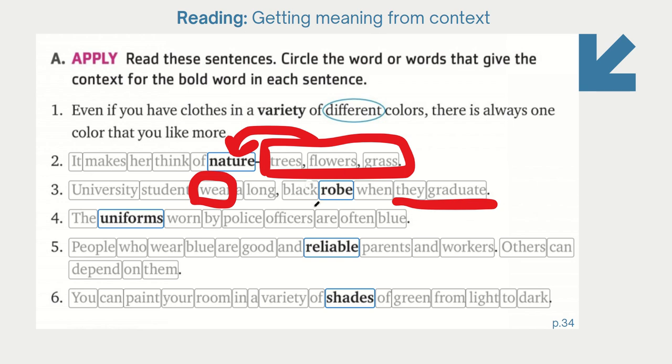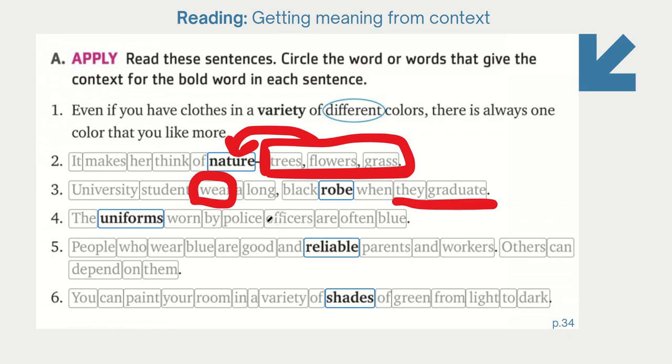So for robe here, you can guess it is a cloth which is worn on a special occasion, which is the graduation ceremony.